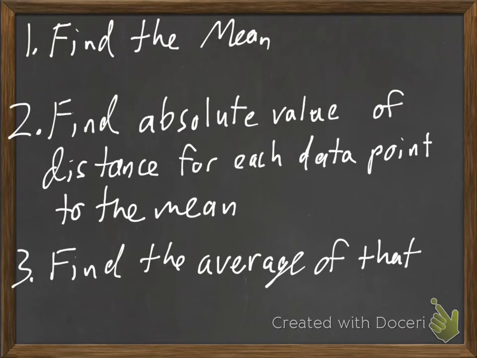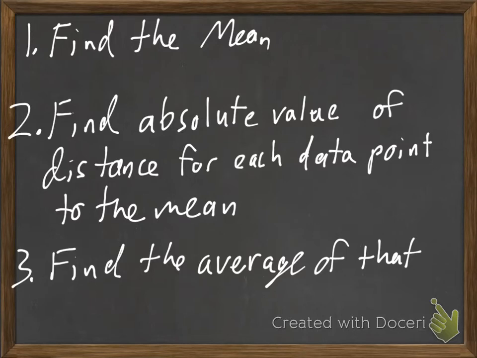So here's how we find the mean absolute deviation. First step is find the mean of the data. The second step is to find the absolute value of the distance for each data point to the mean. And then we're going to find the average of that.